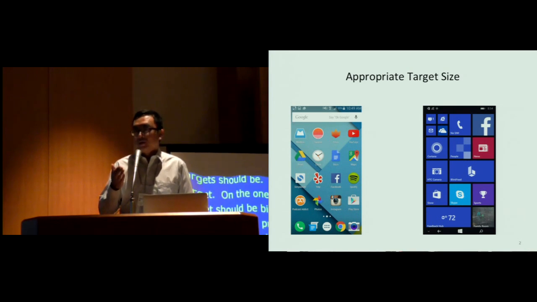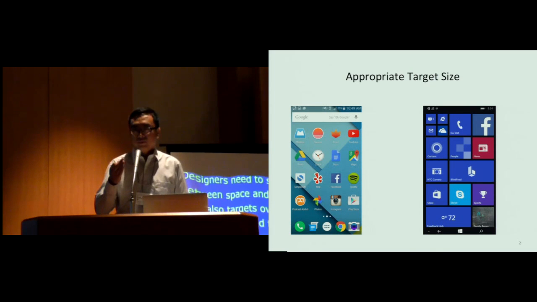Also, targets often come in different shapes. We need to find out the appropriate size so that targets can be easily selected by finger and also fit in the layout of a given UI. And right now, some interfaces are designed for both pen and touch, so we need to strike a balance between the two input modalities too.